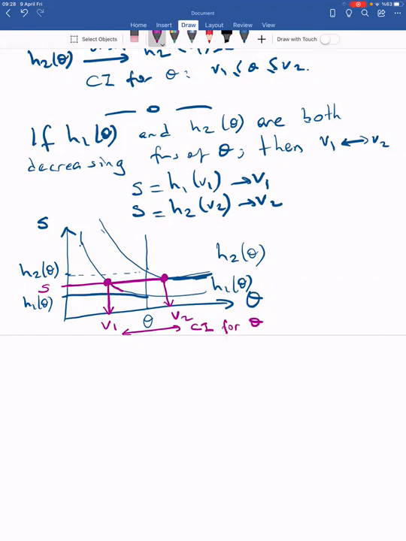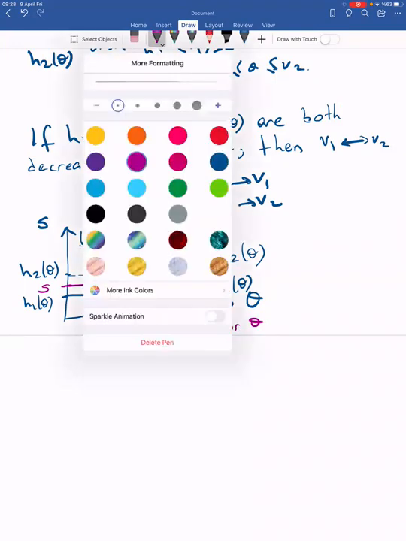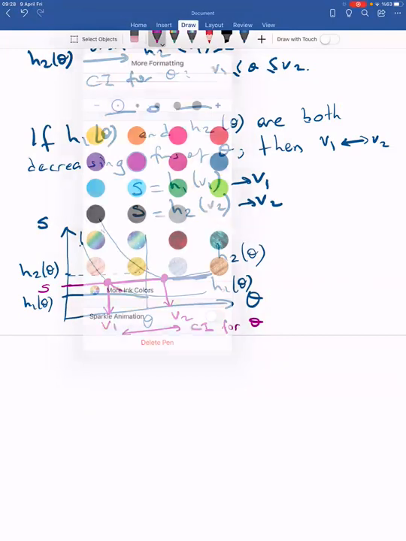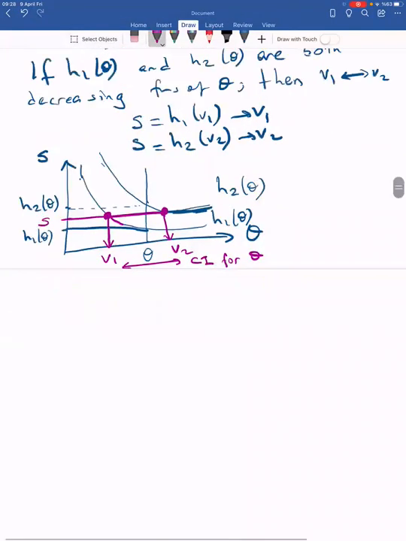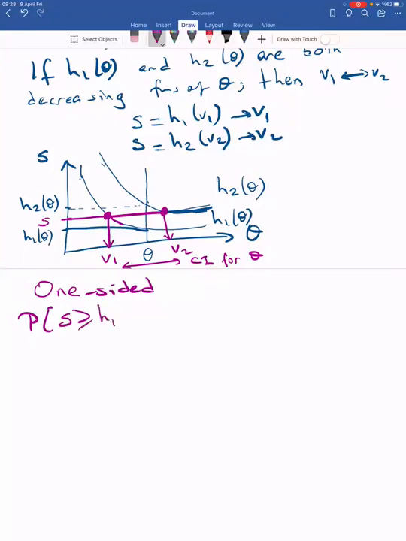Okay, so for the one-sided cases, it might be a bit confusing to get one-sided intervals. When we have one-sided cases, we look at the probability that S is greater than h1(theta).